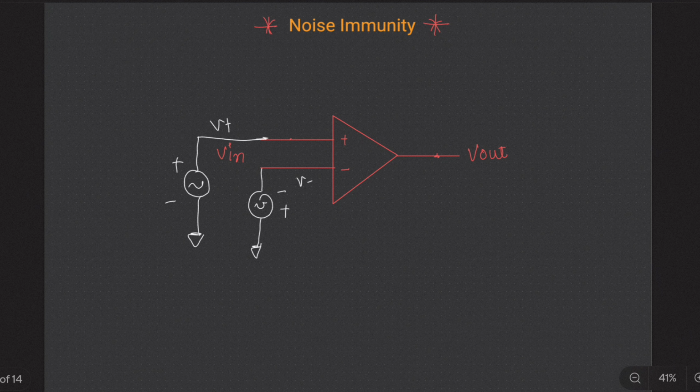But here there might be some common mode voltages also. There might be some common mode voltage whose polarity is the same, as it is common to both of the inputs. Their polarities might be the same. So we will call this voltage VCM. This is common mode voltage. So actually this voltage is noise for our Opamp.